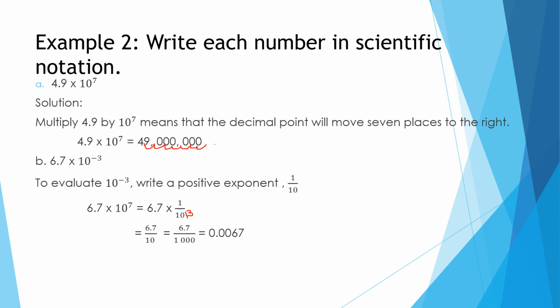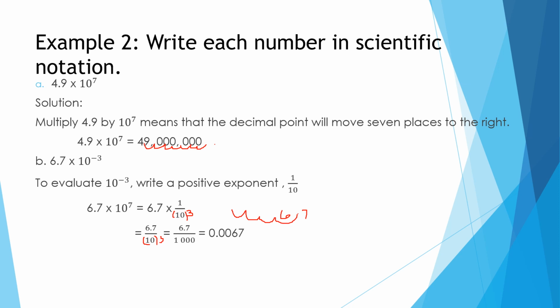Because we need to multiply this 10 three times. So that's why here we have 1,000. If we're going to do that manually, for 6.7, you just move the decimal point: 1, 2, 3, 4. So our exponent is negative 3.